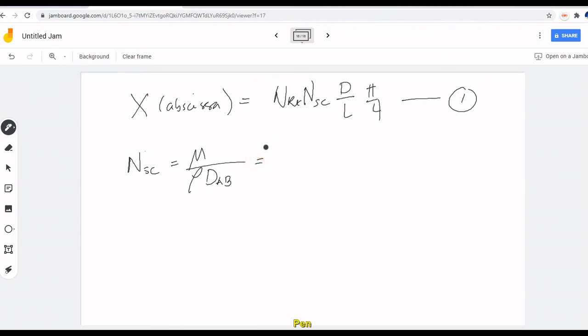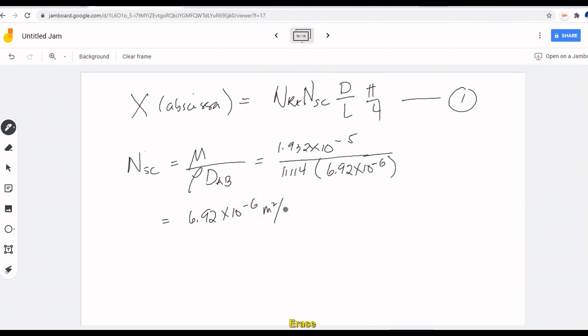Your mu in this case would still be 1.932 times 10 raised to negative 5, and we have the density to be 1.114, and the molar diffusivity, which is 6.92 times 10 raised to negative 6 meters squared per second. So after we have made use of the molar diffusivity value, the Schmidt number will be 2.506.